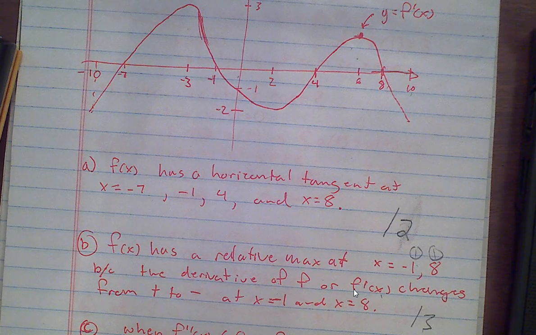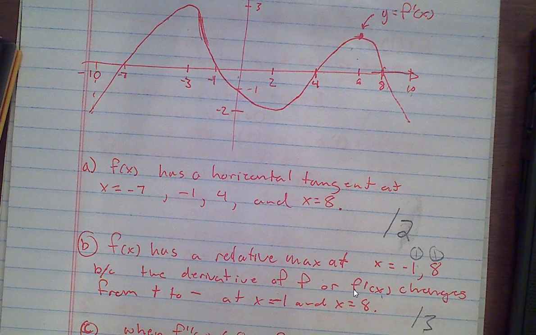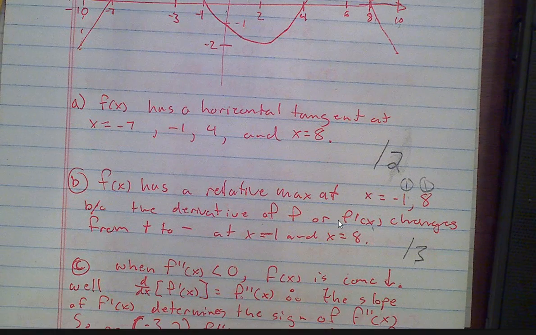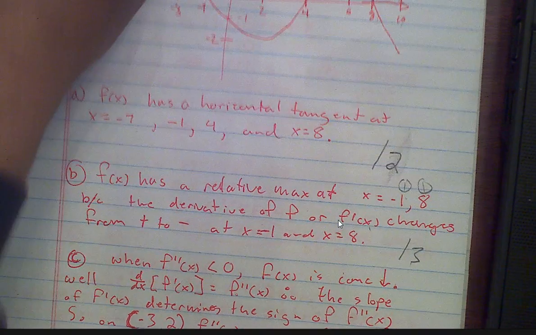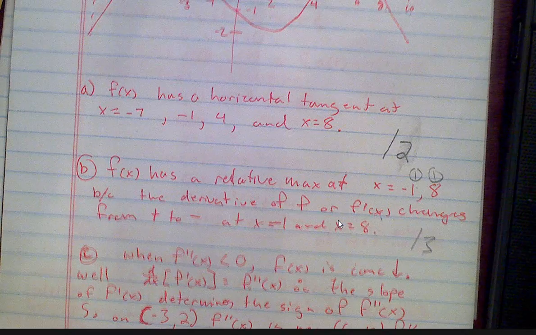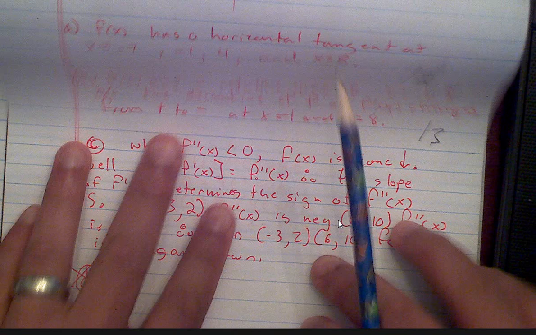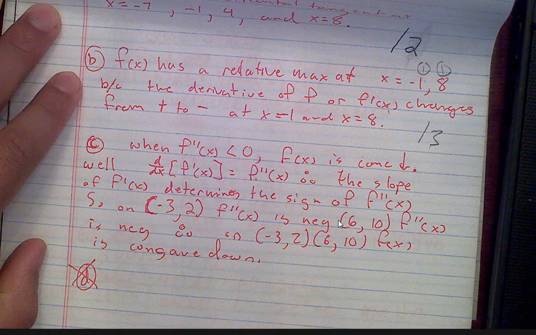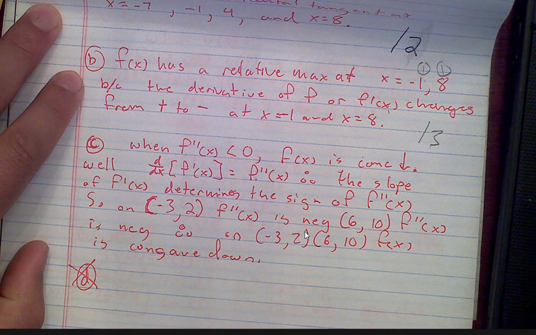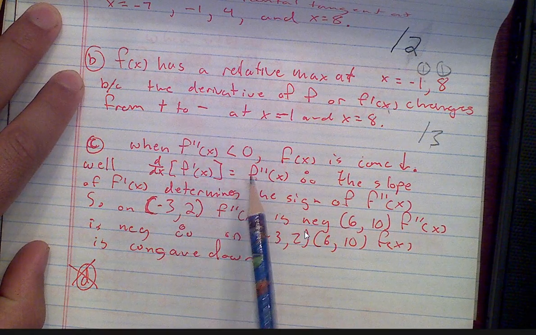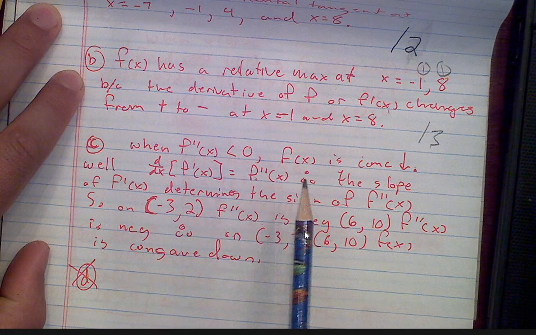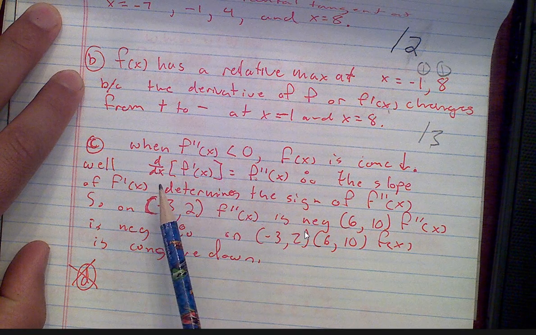All right, this next one, we want to find out when the function is concave down. So we know that's when the double derivative is less than 0. Then f of x is concave down. Well, this is just some thought process.